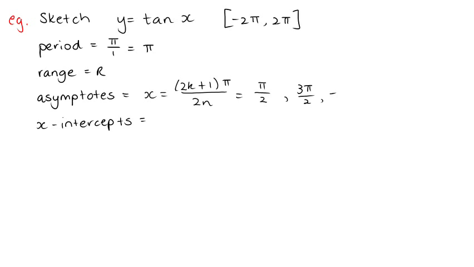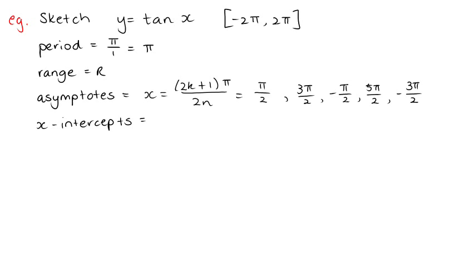Negative pi over 2. Yep. And what would you have if k was 2? 5 pi on 2. And if k was -2? Negative 3 pi over 2. Okay, great.